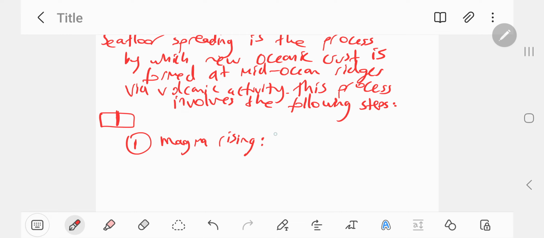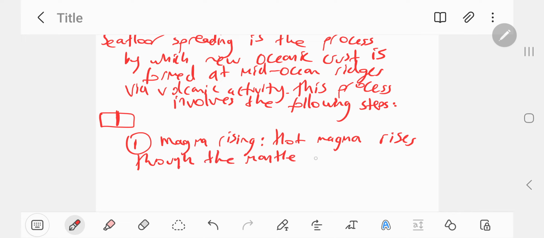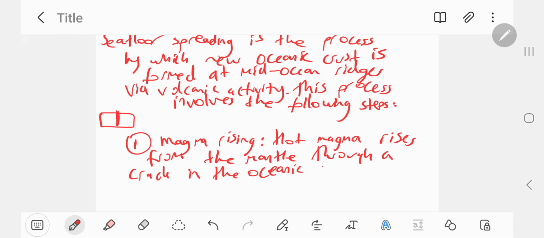So the first step, magma rising: hot magma rises from the mantle through a crack in the oceanic crust at mid-ocean ridges.